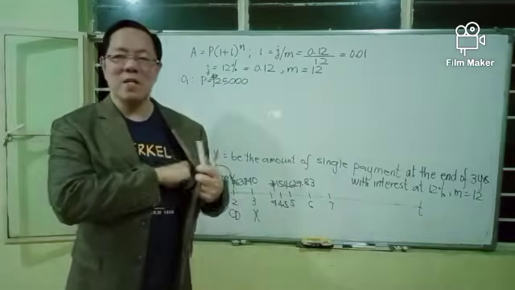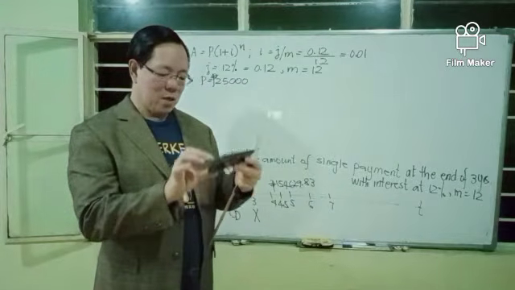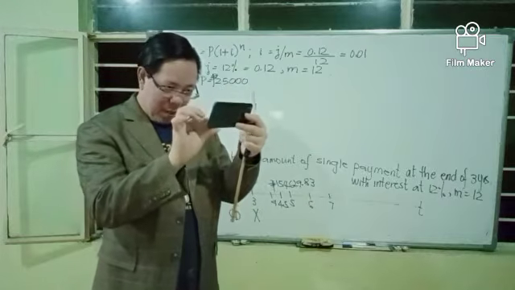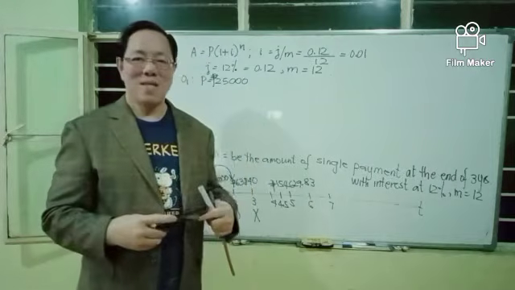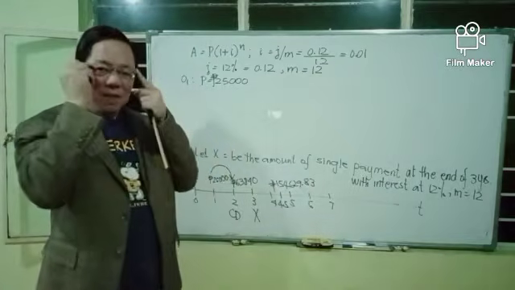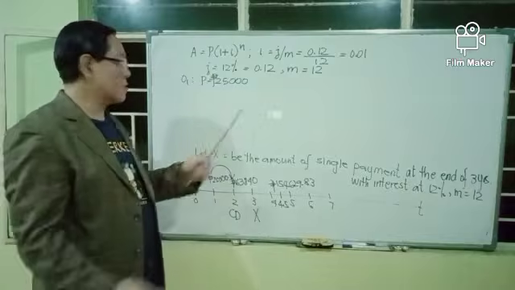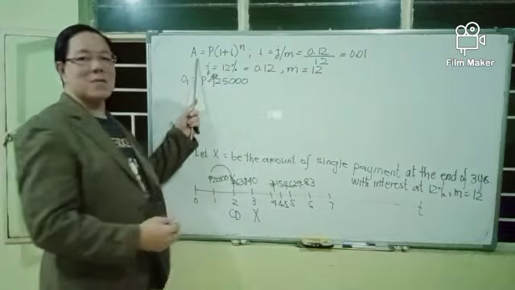Sorry, 0.01. Let us check again. 0.12 divided by 12 is 0.01. So we now find the accumulated value of 25,000 pesos using this formula.